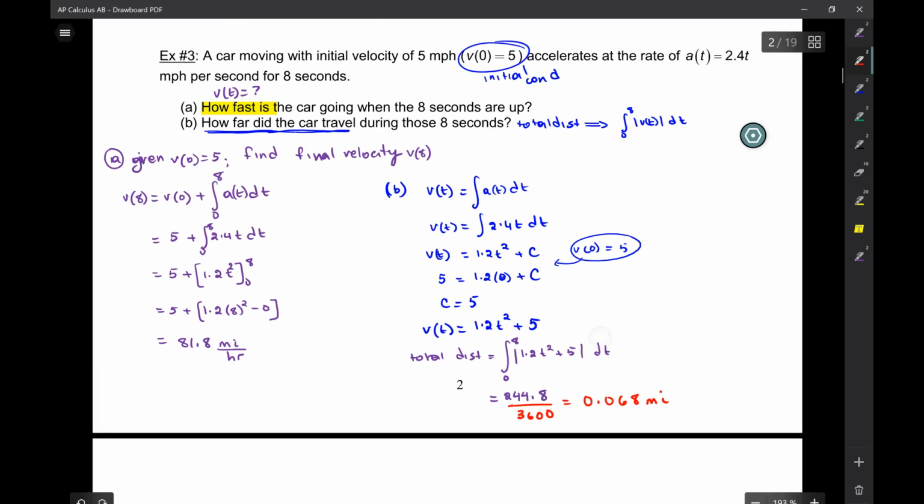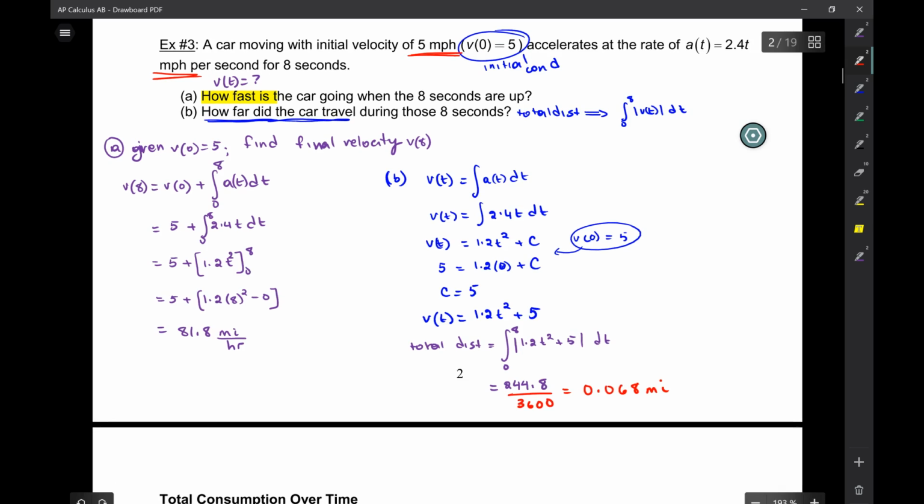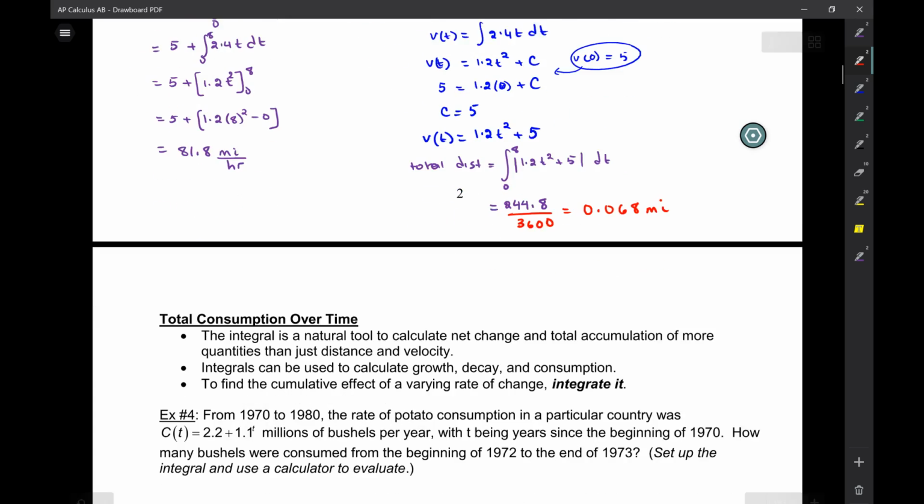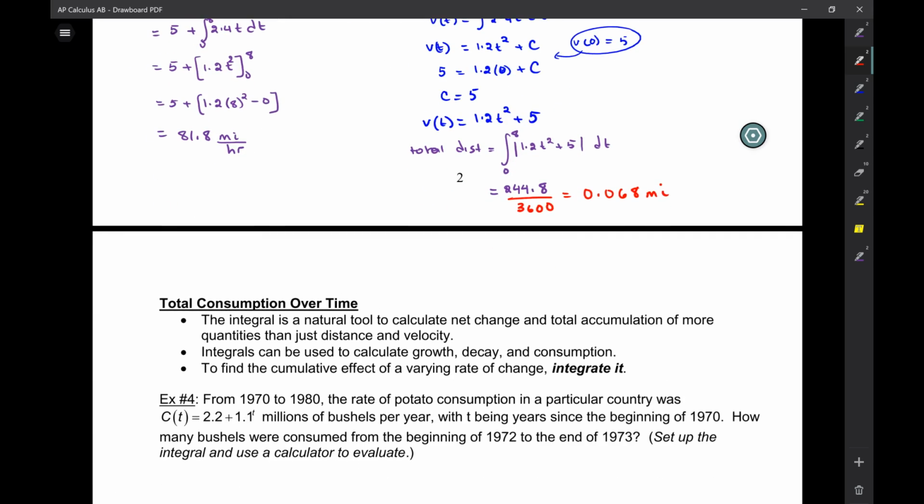Correct, because initially the velocity is given in 5 miles an hour, and then the acceleration is given in miles per hour, but then we're going to go in seconds. They'll never give you the velocity in 5 miles per hour and the acceleration not in miles per hour.